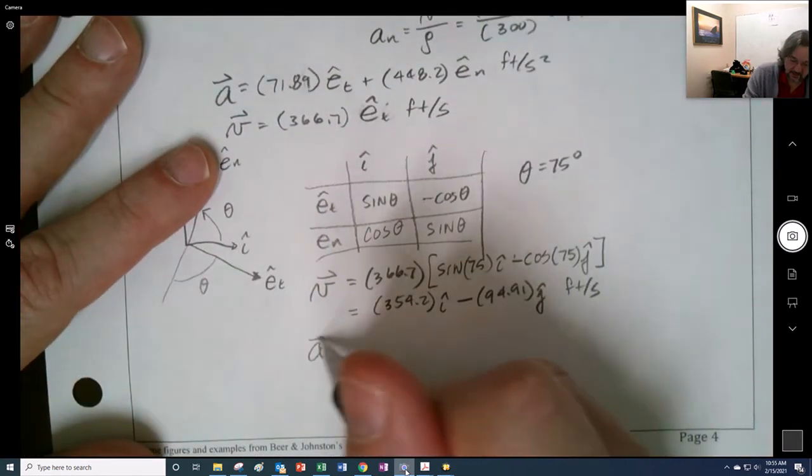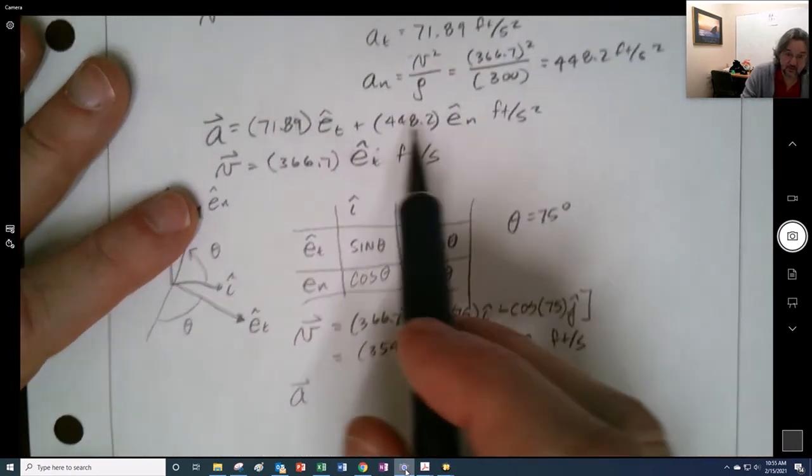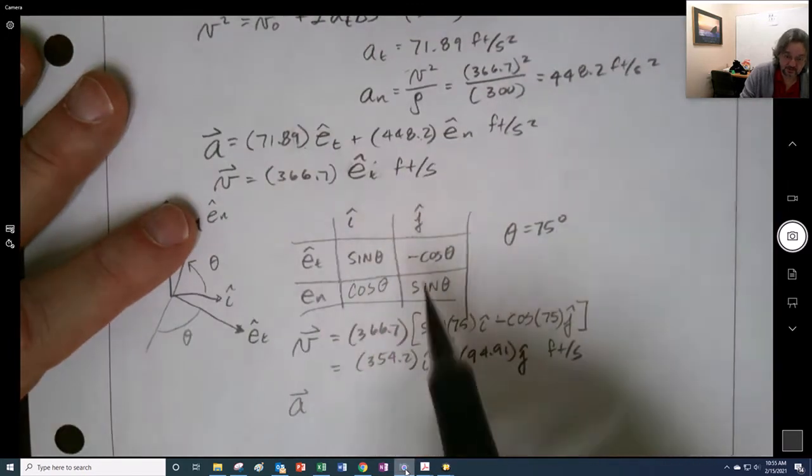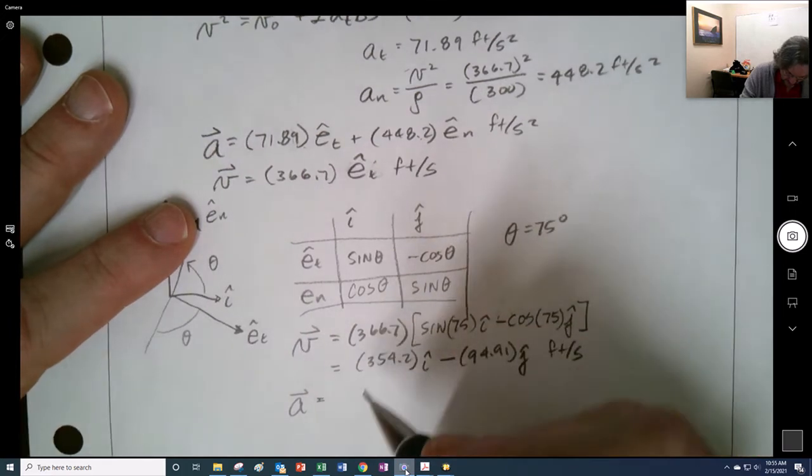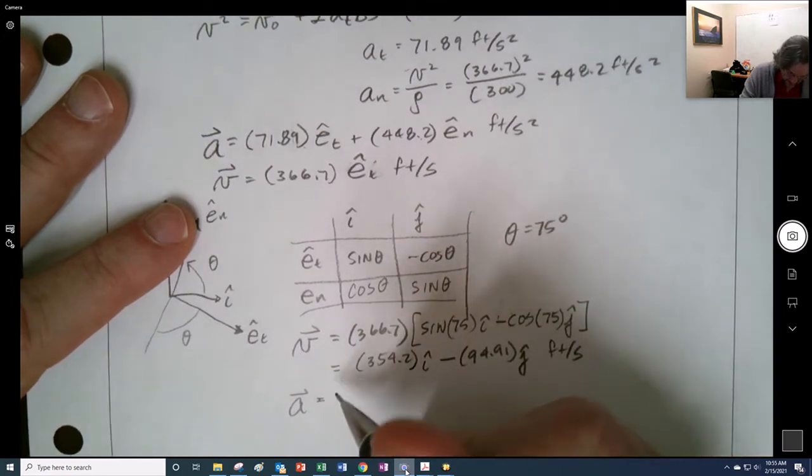If we take the acceleration now, that's going to be a little bit more because there are two parts to this. And let's see, how did I write that out? I wrote it out this way, kind of long ways.